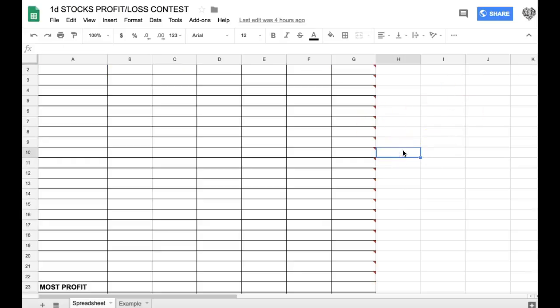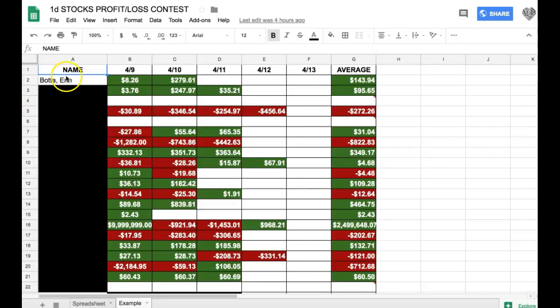And I also recorded who had the most profit and who had the most loss each day, and I gave 2 bonus points for the winner with the highest profit, and I gave a consolation prize point to the person who had the most loss. And the same goes for the average at the end of the week. So this is going to make a lot more sense if you look at my example. I blacked out my names, except for mine at the top. I was playing along too, although I have to get my other dates in.